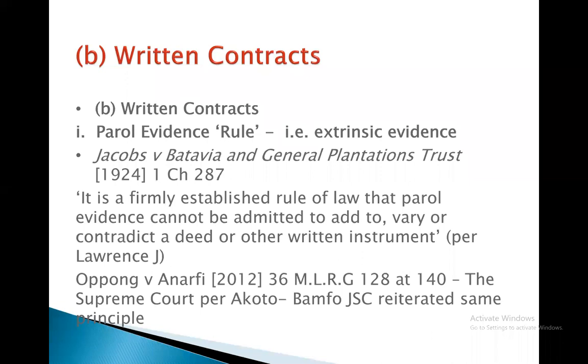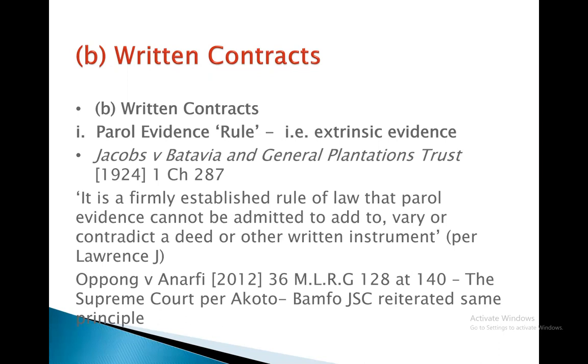So that is what we want to explore now. Well, as far as written contracts are concerned, we have certain rules of thumb, and one which is quite handy is the well-known parol evidence rule. Parol evidence rule. And what do you mean by the parol evidence rule?